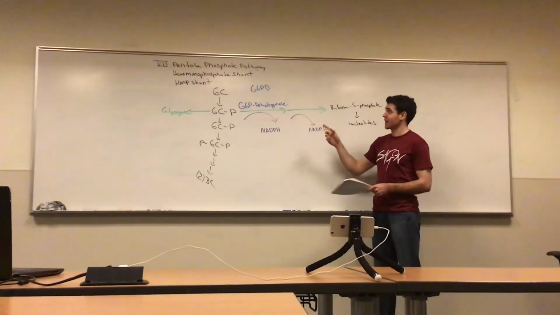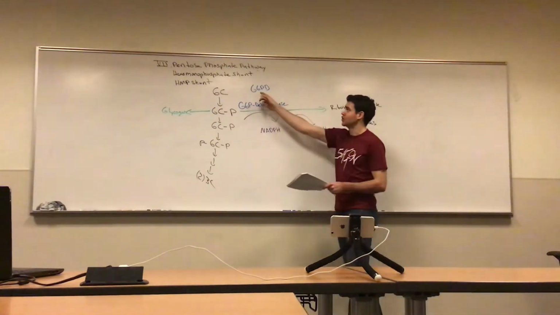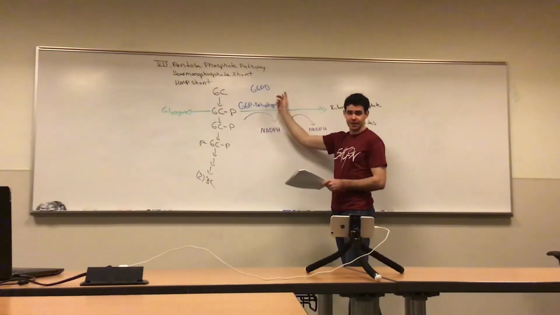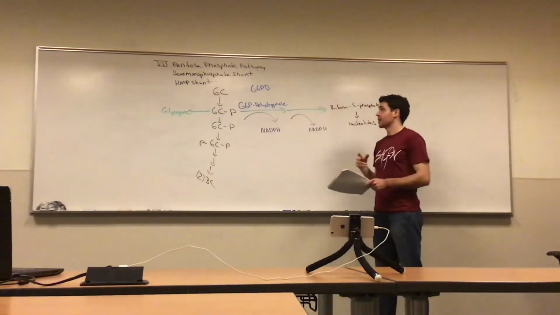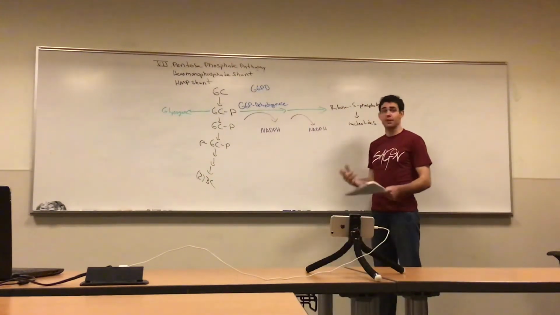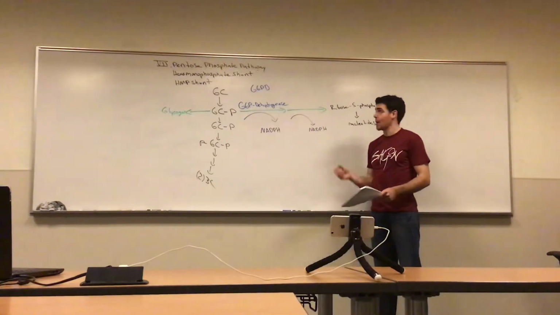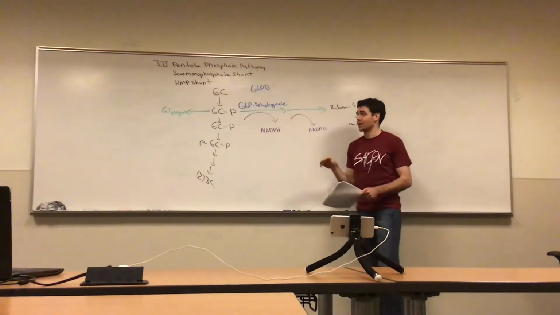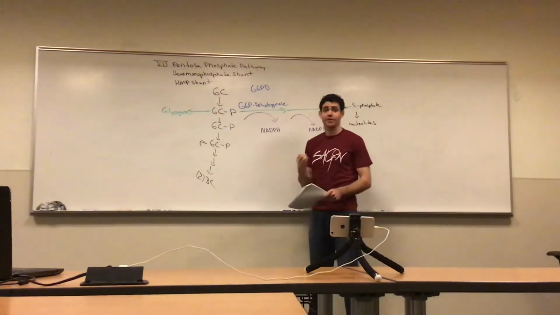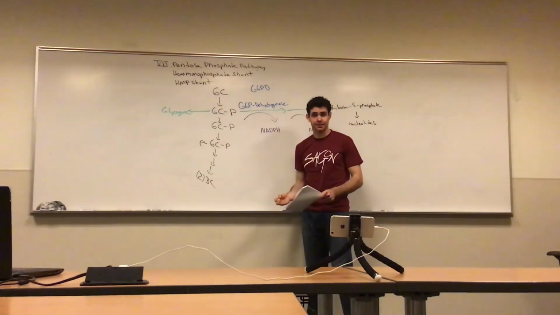So having what's called G6PD deficiency protects you from malaria. Malaria is a parasite that lives in red blood cells. And red blood cells, remember, don't have a nucleus or mitochondria.